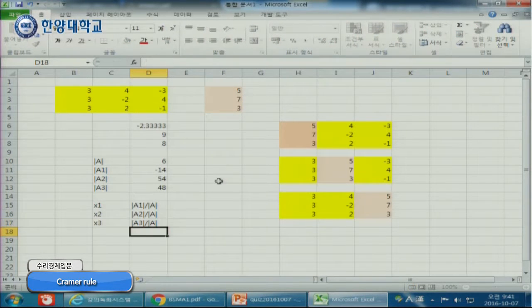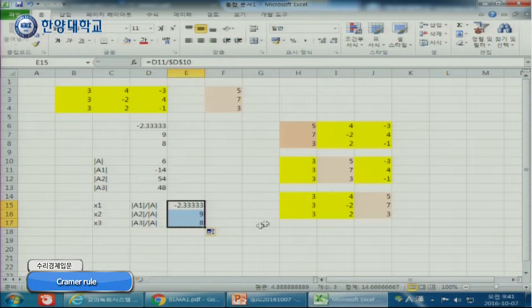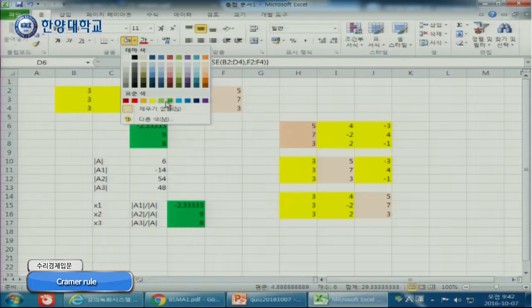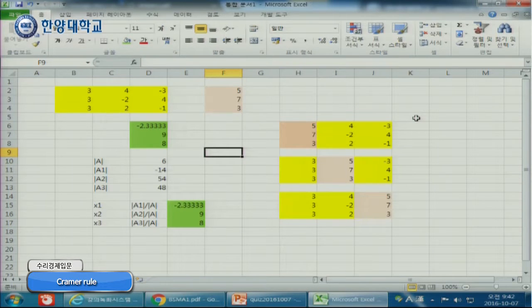This is Cramer's rule. Okay, so the answer is this one divided by this one, and I click F4 quickly, and the answers of these two are exactly the same. Isn't it fun, right?